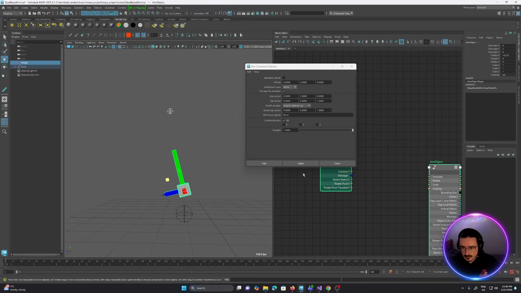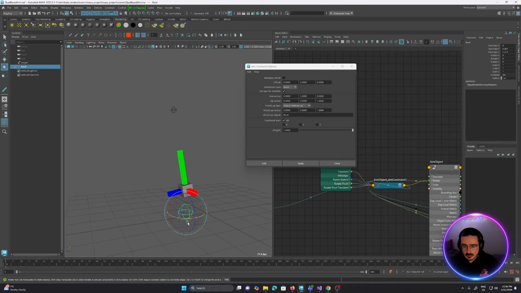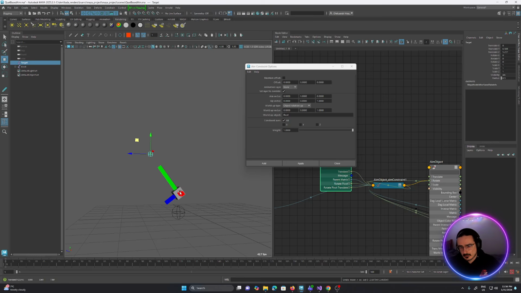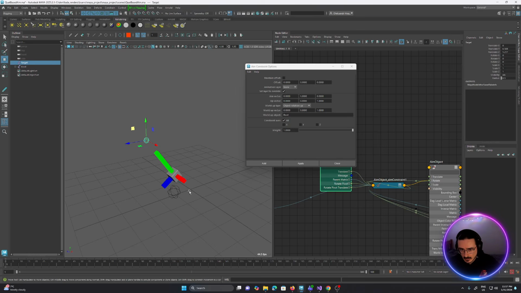So if I use these options and apply my constraint, now I can twist my aim object and it would aim to the target. But I would still have the flip. So what I can do with it, I can change it back to vector.